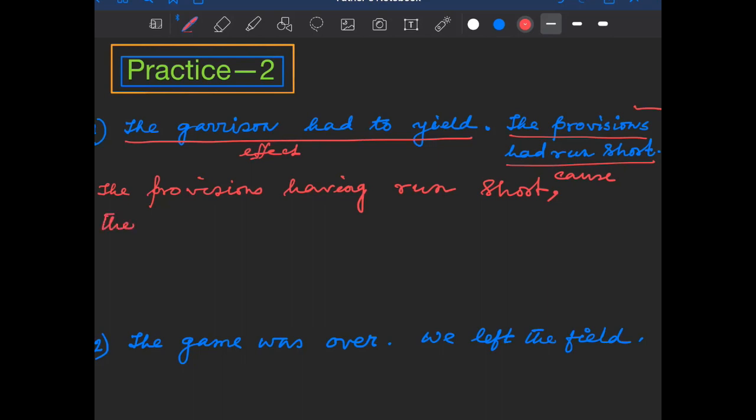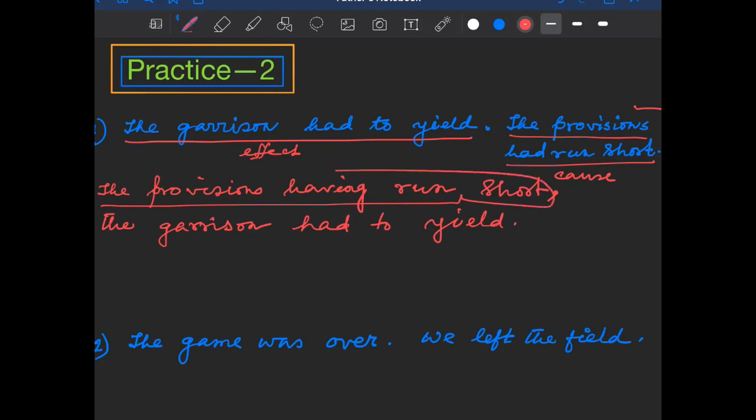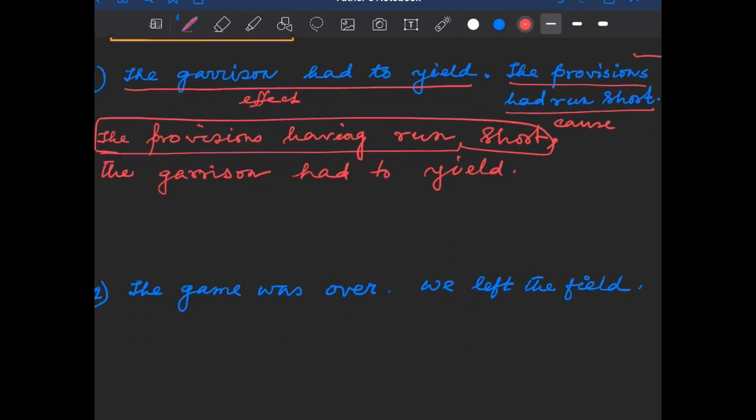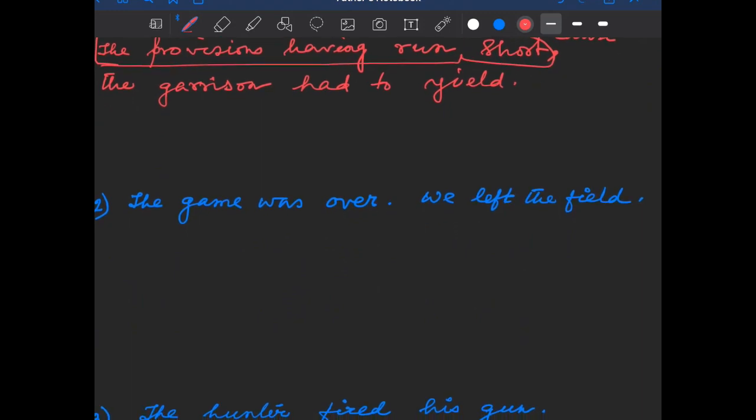The garrison had to yield. This one is absolute phrase, and the provision is the nominative absolute. Okay. Now go to set 2.